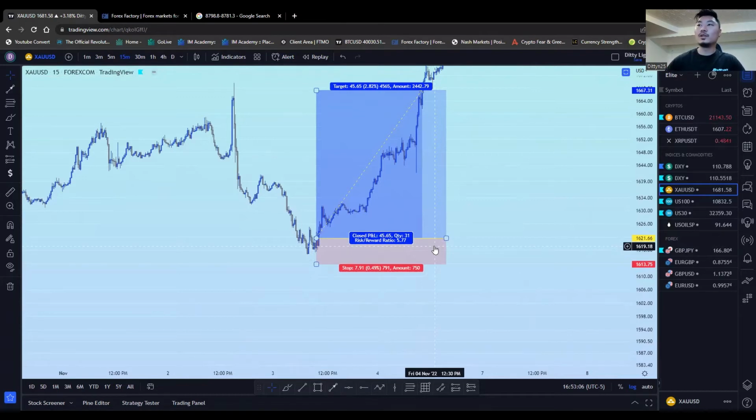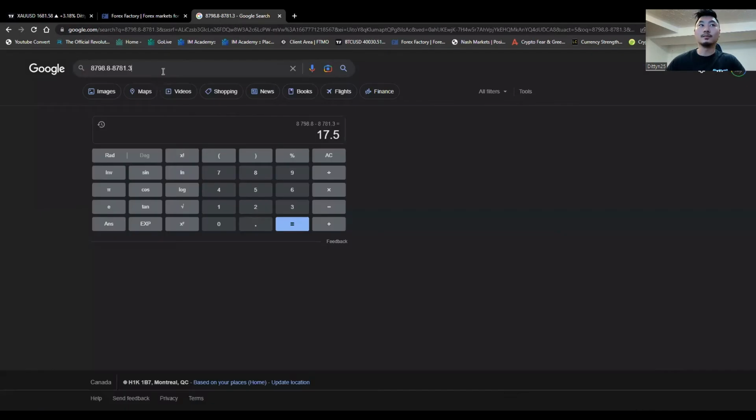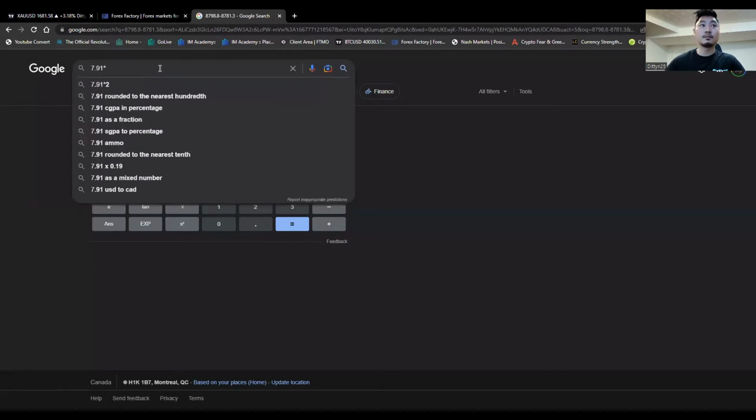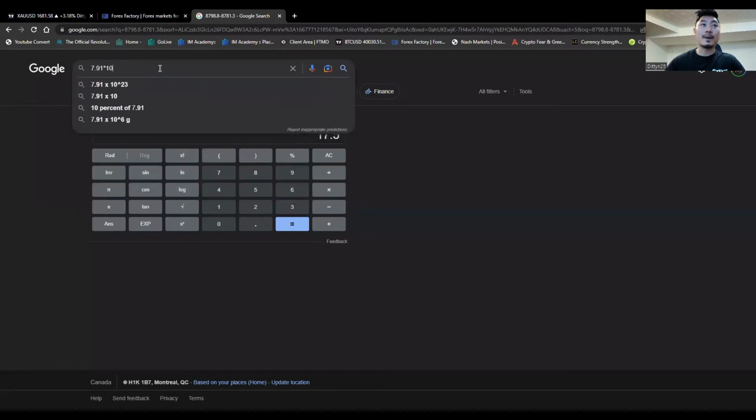So what we do is multiply this amount here by 10, right? So 7.91 times 10. Why 10? Because every dollar is 10 pips of movement, right? So of course, the pip count might be different from another trader's perspective, right?